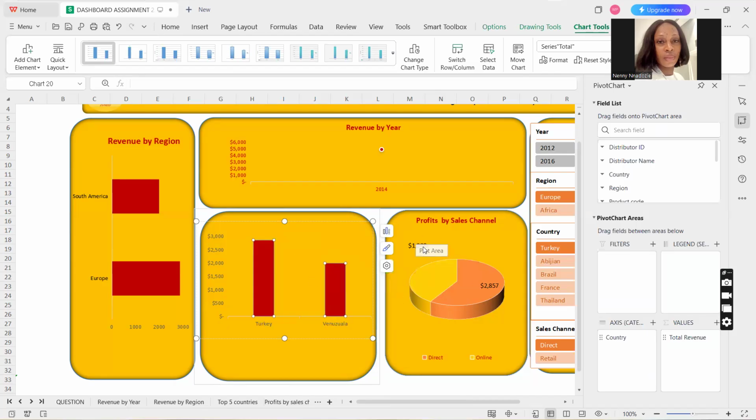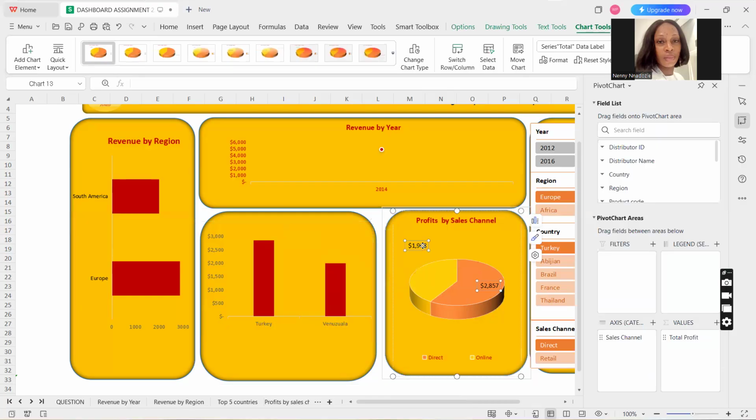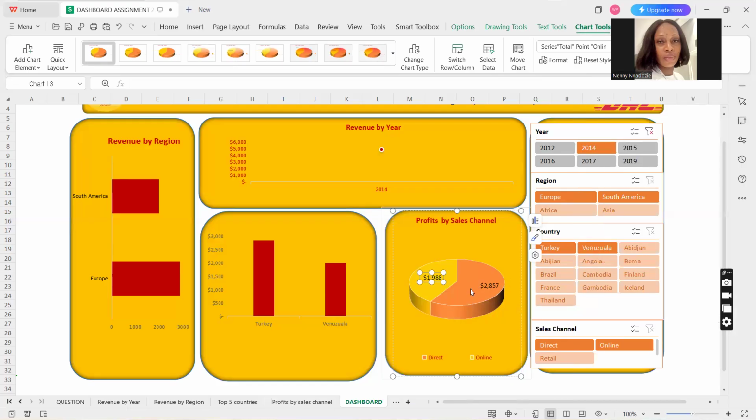Okay, so in 2014 still, just 2 sales channels were utilized. Wow, just the retail and the online. Nobody used the direct. Nobody used the retail medium to order for their products. They just use the direct and the online.